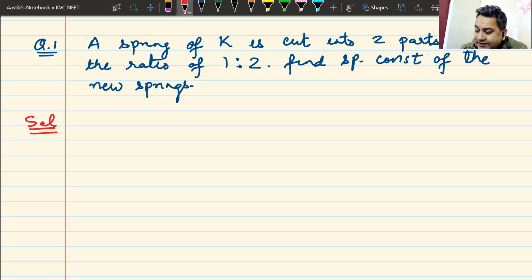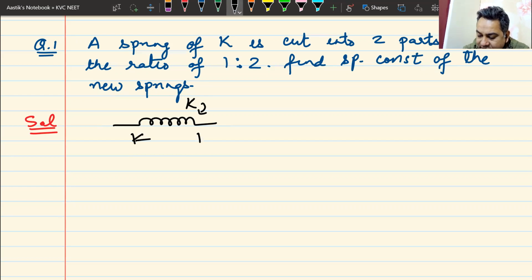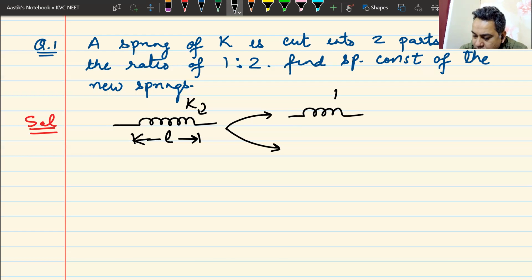So this is my original spring, whose spring constant is K, and let us suppose the length is L. I've cut the spring into two parts. This is spring K1, whose length is L1.